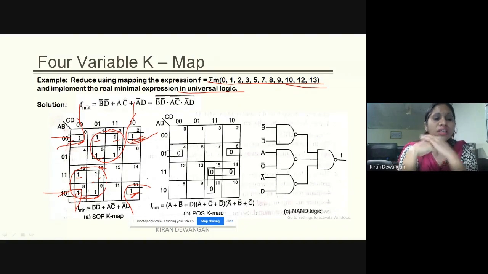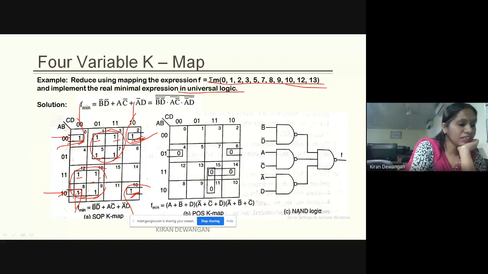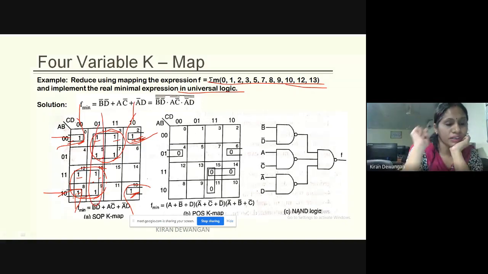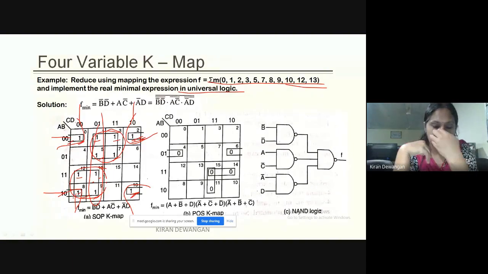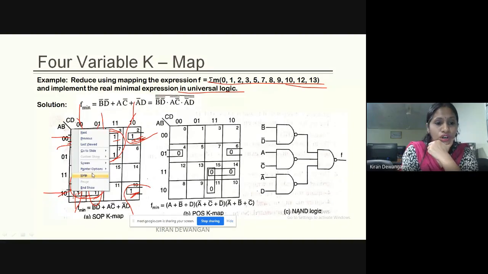Clear? Here we can see that we are having one more quad. This one, we are not forming that quad. That is not required. Clear? Whatever I just drew right now, that is not required. Why is it not required?